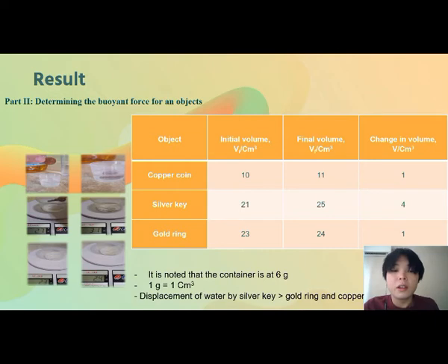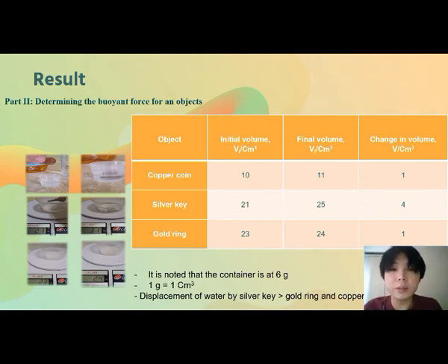In this experiment, our container is very small, so we have to weigh the container itself. Before we start the experiment, we weigh the container, and the result we get is 6 grams. After the experiment is conducted, we have to subtract the weight of the container itself.